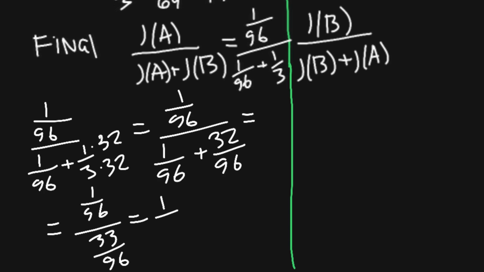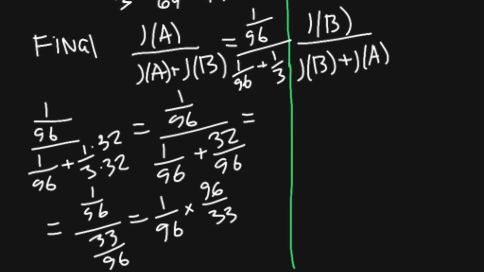Which is going to equal 1 over 96 multiplied by 96 over 33. We just change division to multiplication, and we have to put this fraction upside down.